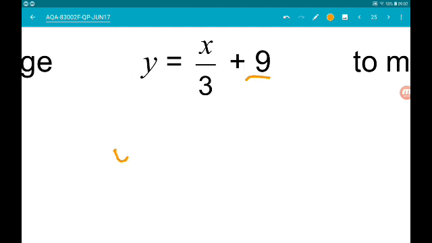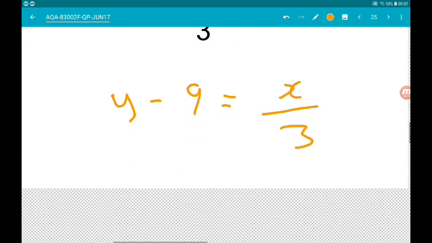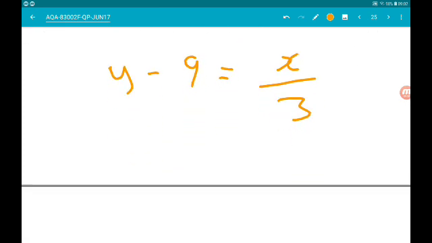So we get y minus 9 is x over 3. x over 3 means x divided by 3. So to cancel that out, multiply by 3. So we get 3y minus 27 is equal to x. Cool.